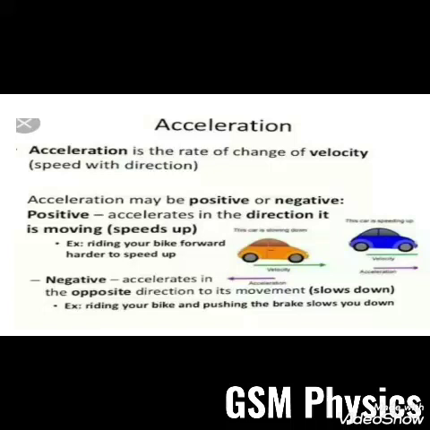Acceleration is equal to change in velocity divided by time. Change in velocity is equal to final velocity minus initial velocity. Acceleration is denoted as a. Therefore, a is equal to (v minus u) divided by t.